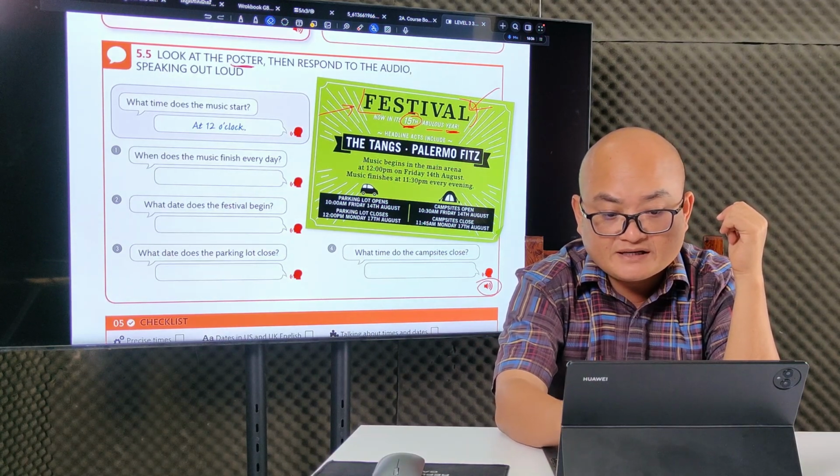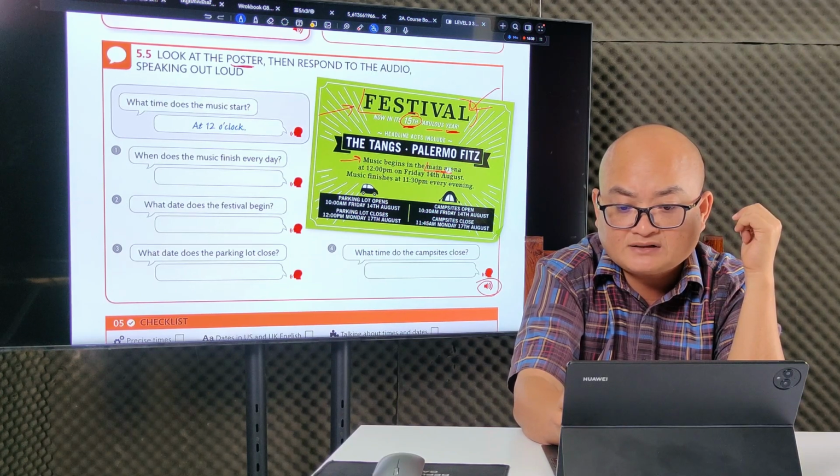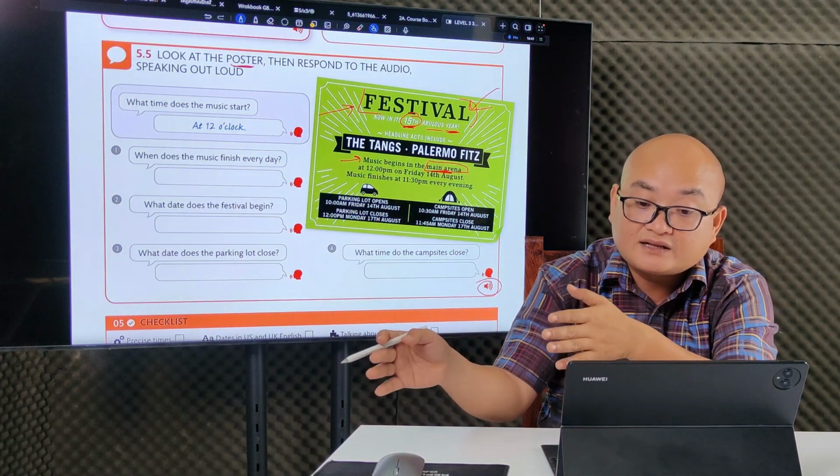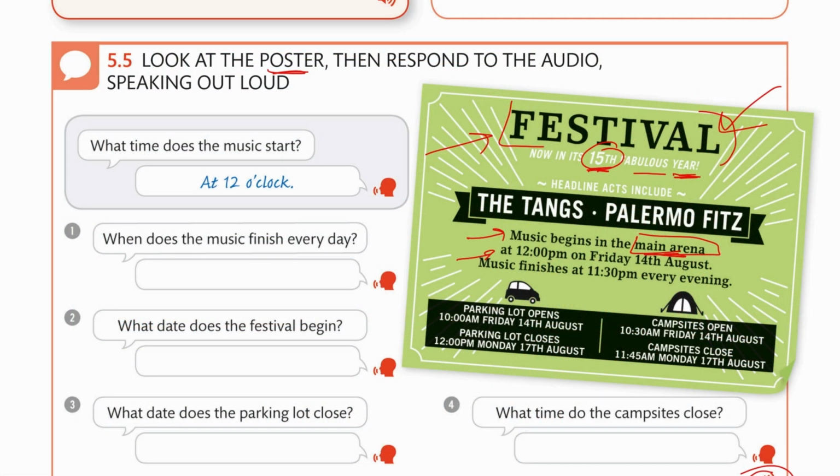Okay, music begins. So they tell you the music begins in the main arena. They tell you the place, and at 12 p.m. on Friday, they tell you the time and the time they finish. Okay, so you can look at the poster, and I'm sure you can answer the question because it's not really difficult here.